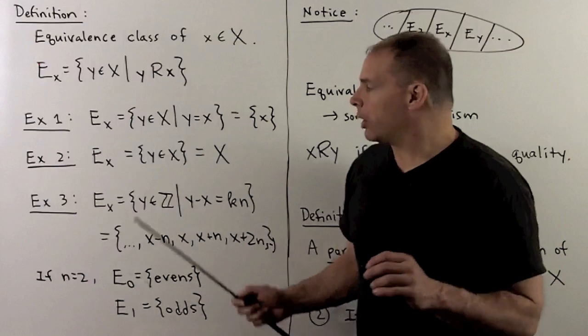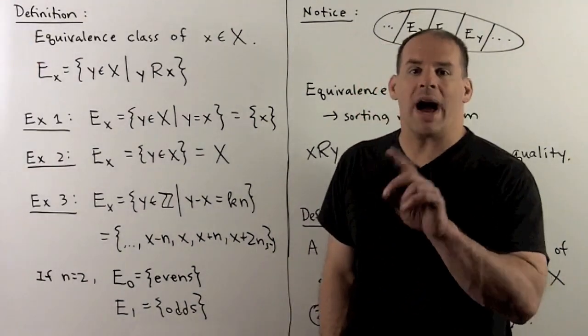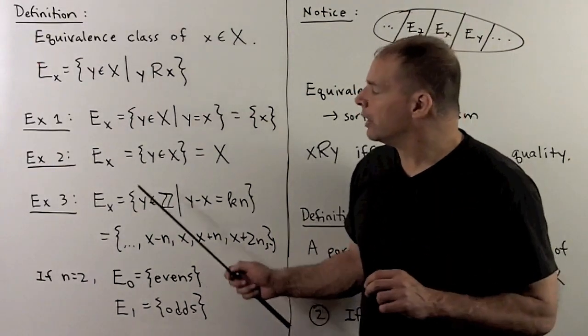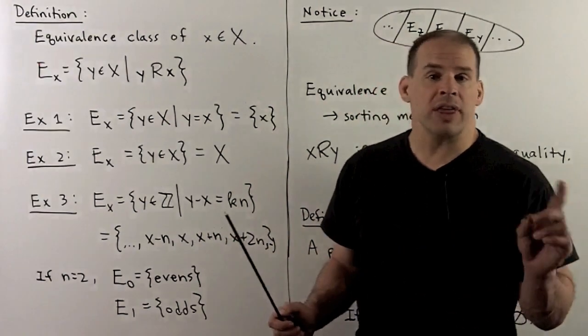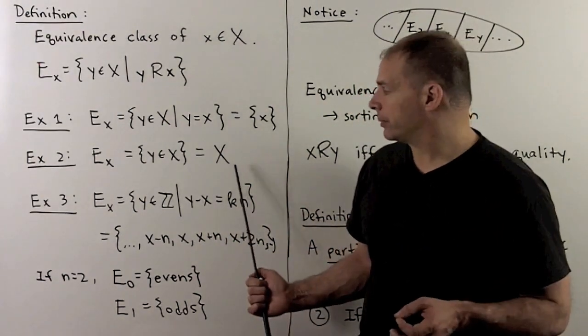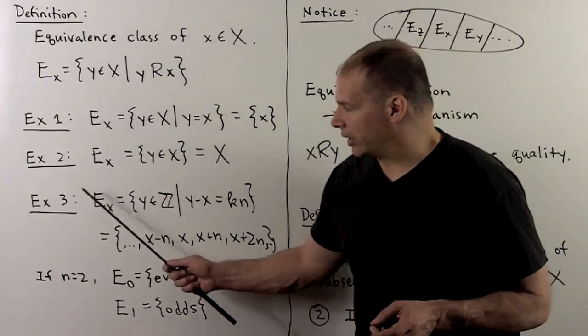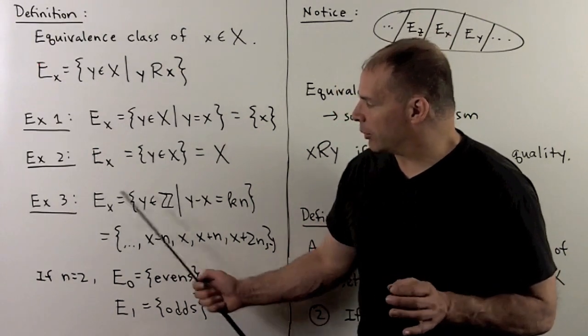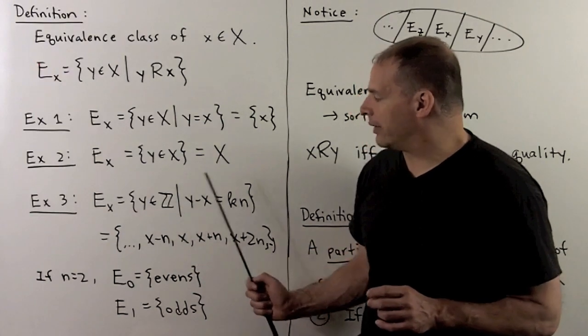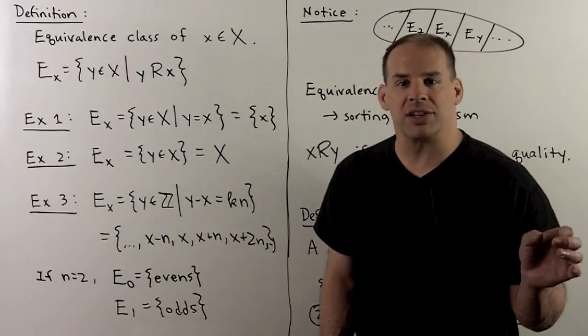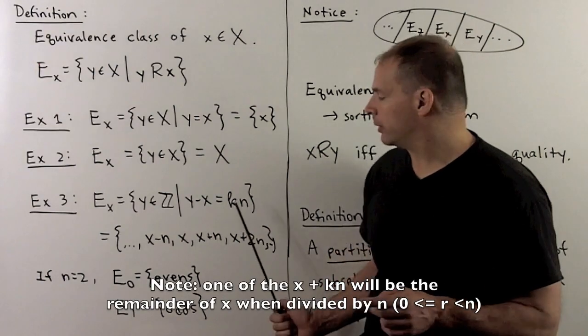For our second example, where the relation was Y is always related to X, the equivalence class of X is just going to be all Y in X. So that's our set X itself. Finally, if we take the example with the integers, we fix our X. E sub X is going to be all Y in the integers such that Y minus X is a multiple of n.